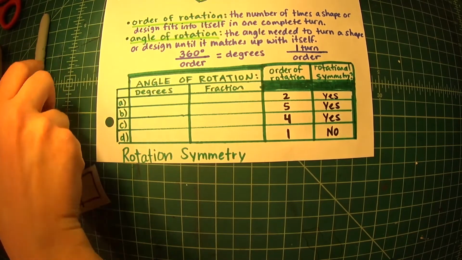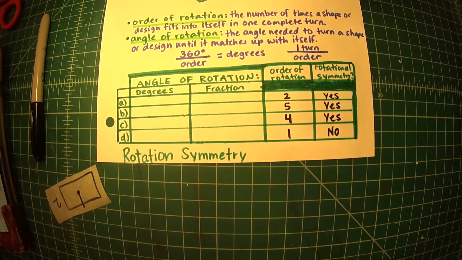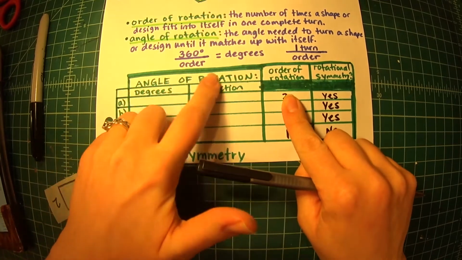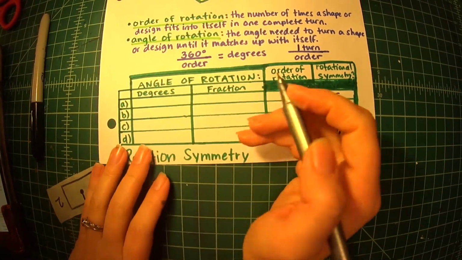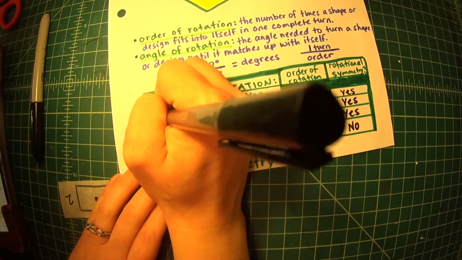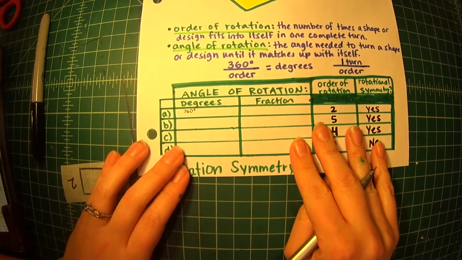So in other words, what I did here is this little formula right here. So in a complete turn, I have 360 degrees. Hopefully you can see that okay.